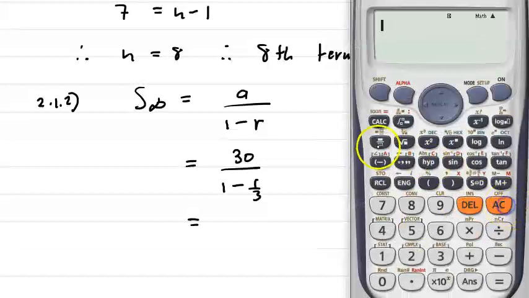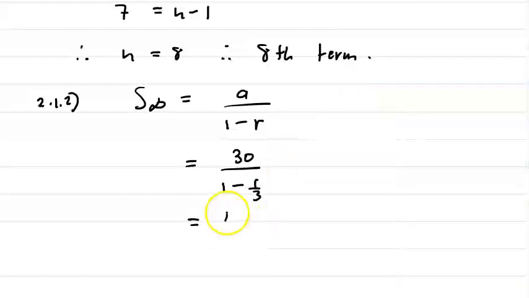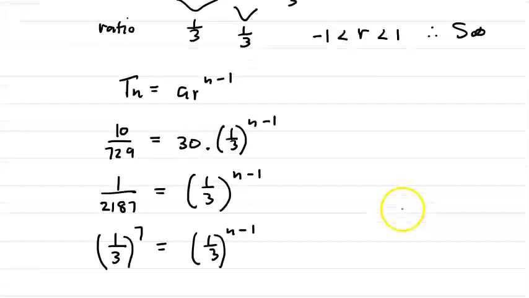Let's put that in our calculator. 30 all over 1 minus 1 over 3. That's equal to 45. So therefore, our sum to infinity is equal to 45. Let's look at the next question.